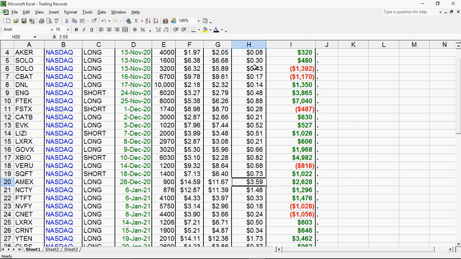If you look at the majority of my trades, I entered stocks that would rise up to 50 cents or more. These ones, this was okay. My goal is 50 cents or more.